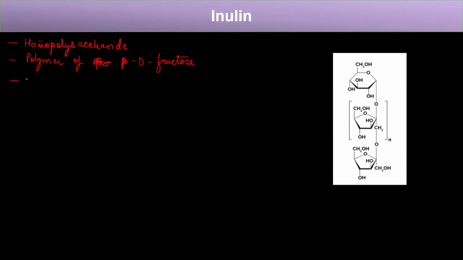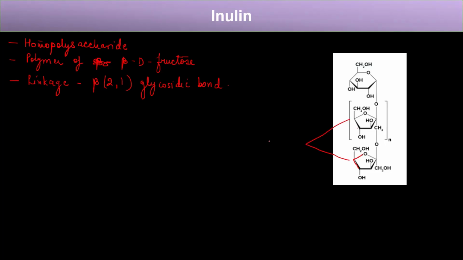Now, what kind of linkage is present in inulin, or how are these beta D fructose units linked to each other? The linkage in inulin is beta 2,1 glycosidic bond. If you look at the structure, here this is one fructose, this is the second fructose.